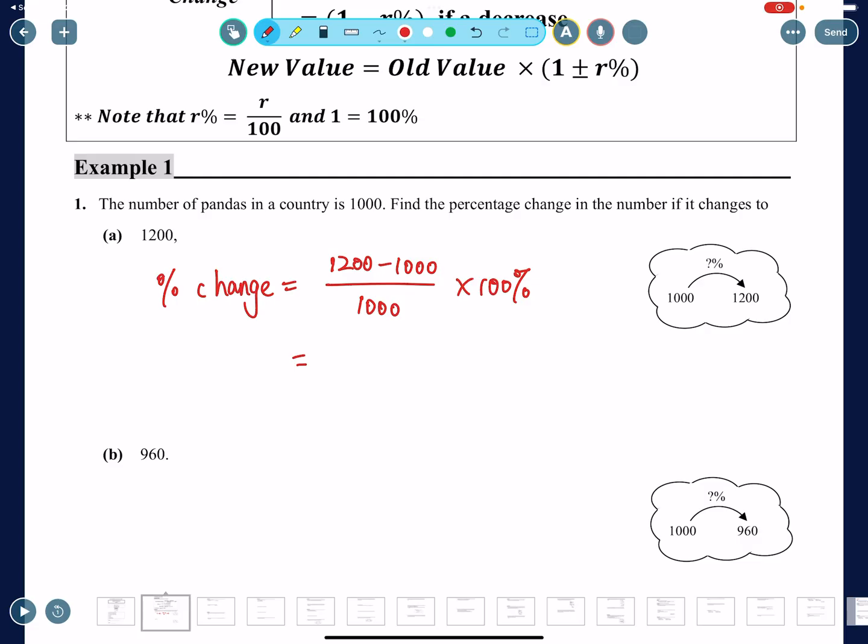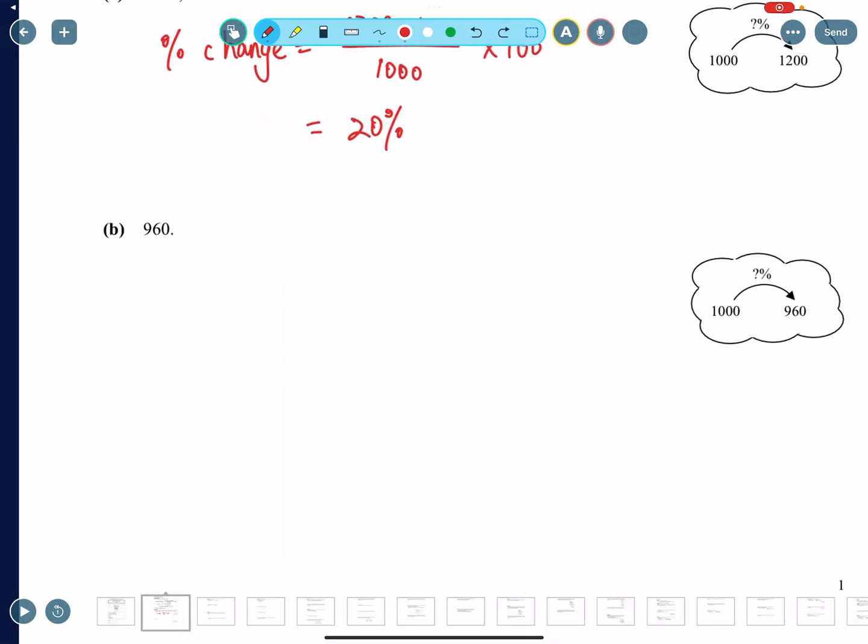Times 100, 20%. Actually, this percentage, you can just not write in final answers, if that is better for you guys.